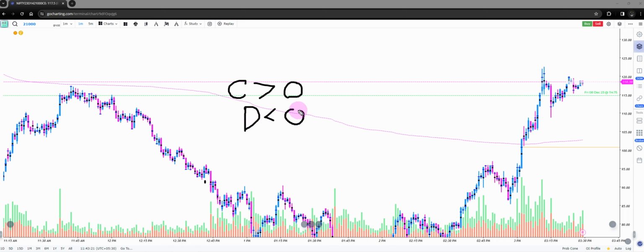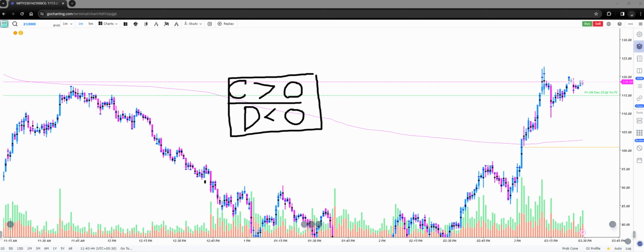That means the market bias should have been more aggressive and the delta should have been more than zero, but it is less than zero. So this is called delta divergence. There is a divergence, which means something is amiss. Someone has stepped in at a later time, and even though the close is more than the open, the delta is less than zero.